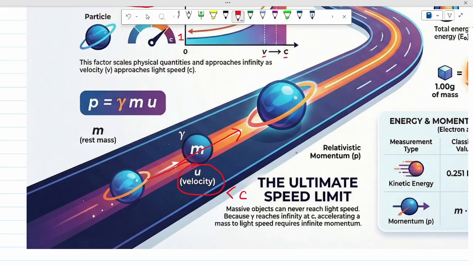Then the natural question one might ask is, does that mean momentum, which we are used to seeing as mass times velocity, is never going to be more than mass times c? It's a good question, and the short answer is, when you use the relativistically correct expression, no. Momentum can increase without limit.